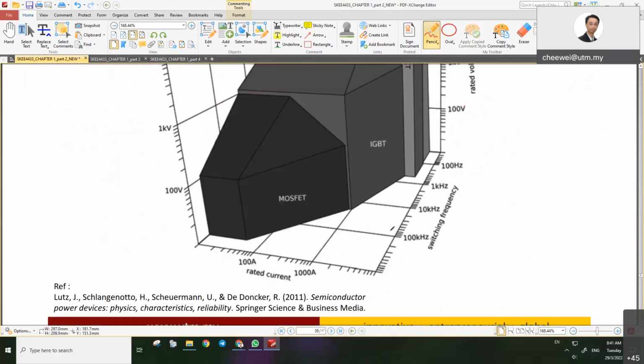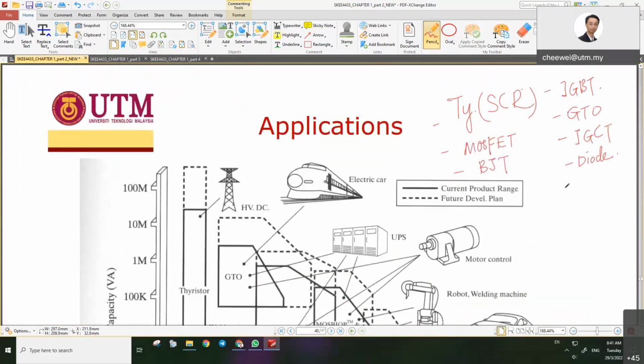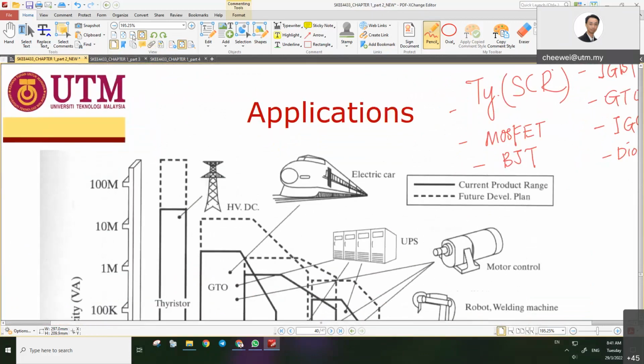Now, can you tell me out of this, which one should we use for a juice maker or mixer? Anyone still remember?